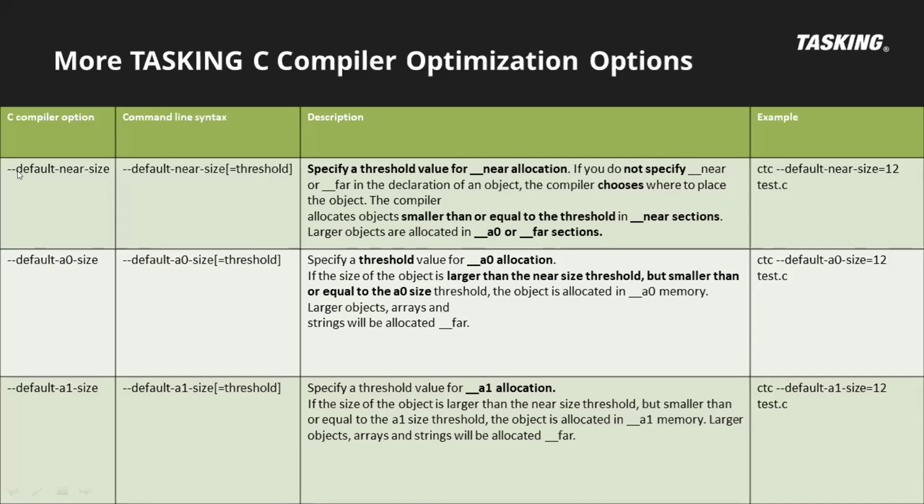So here you have this default near size. If you remember, we already saw this option yesterday. If you define, for example, a certain data object and you don't specify whether it's near or far, the compiler itself will put it inside the near memory as long as the size of this object doesn't exceed the threshold that I specified here.